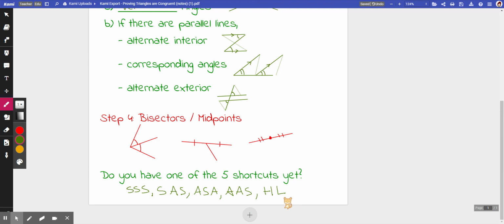So HL still has 3 pieces, but you need to be told that one of your statements is going to be that two of your angles are right angles instead of being that the two angles are congruent to each other. And that is how to prove that two triangles are congruent.